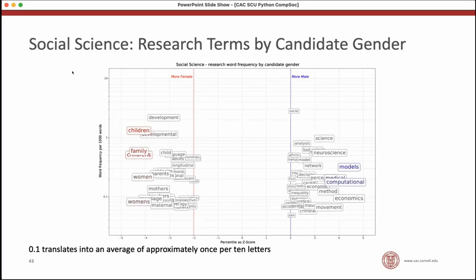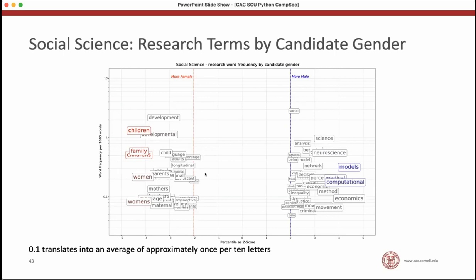For social science research terms, this feels true to me, and I'd really like to see a nice follow-up study: letters for men emphasize things like computational models. Letters for women tend to emphasize research usually with children and family.